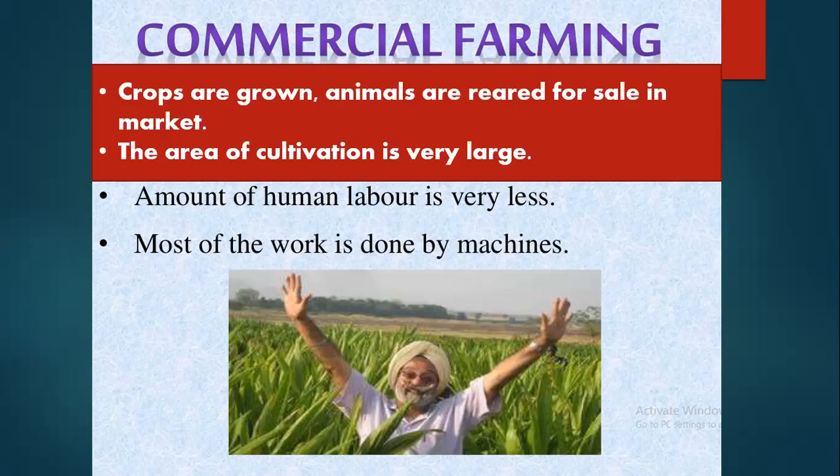They use HYV seeds and all types of chemical fertilizers and pesticides, and some also do organic cultivation. And for selling in the market for more profit, they try for proper machine-intensive farming where labor is not used that much.